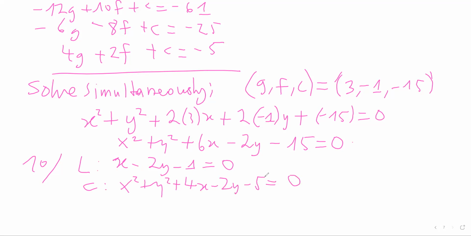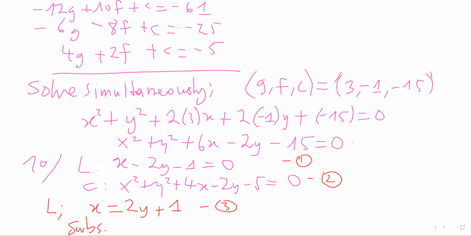If you want to find the intersection of these two, then what you do is that you take the line and then you say x is equal to 2y plus 1. So this is 1, this is 2, and this is 3. And then you substitute 3 into 2.